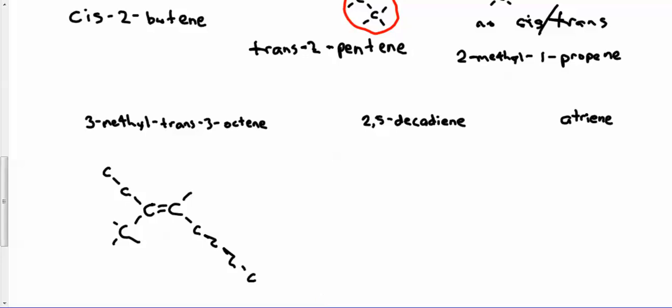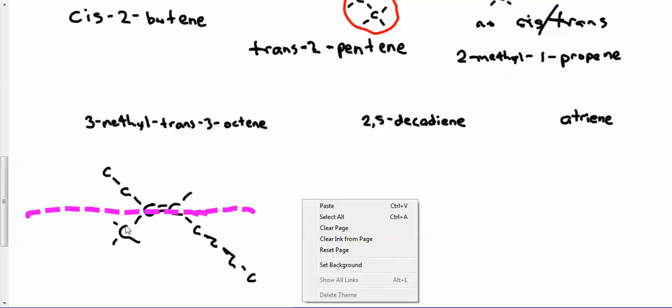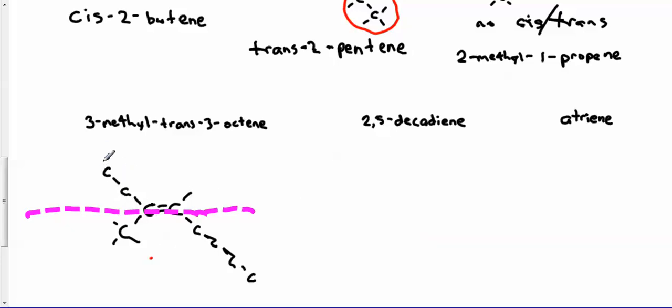If I put this dashed line through the middle, if I look at this carbon on this side, the big group is up. 2 carbons is bigger than 1 carbon. Over here I have an H, and then I've got 4 carbons in a row. This is the big group. So it looks like the molecule that I've drawn here, even though I've drawn all over it, is 3-methyl-trans-3-octene.